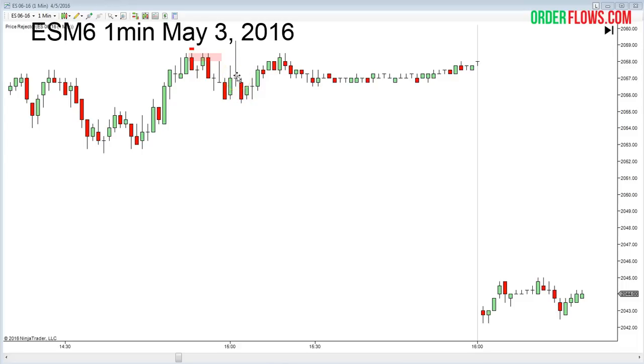The cash close probably has more volume than the cash open, because all the index funds are trying to target the cash close. They don't necessarily target the cash open. So you're going to get a lot of volume, and sometimes you're going to get spikes up and spikes down.